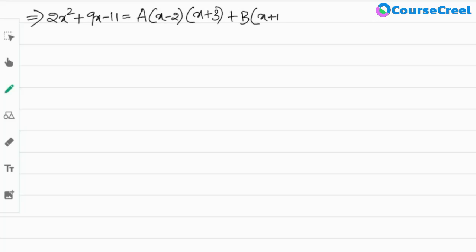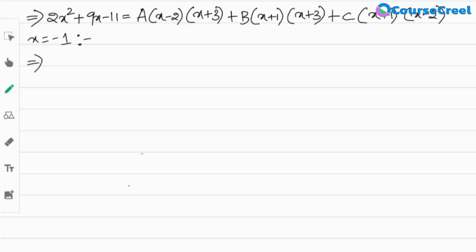Now we need to substitute the values x equals minus 1, x equals 2 and x equals minus 3. First we will see for x equals minus 1.